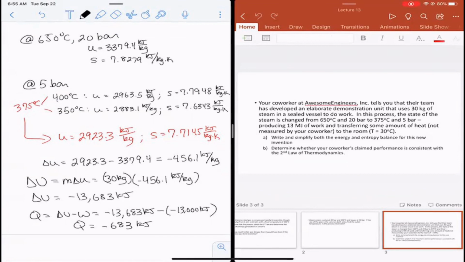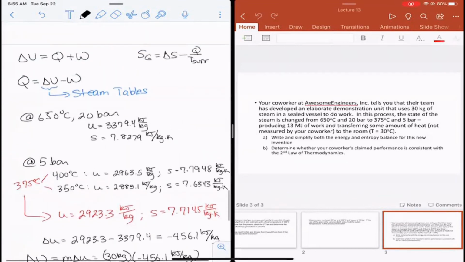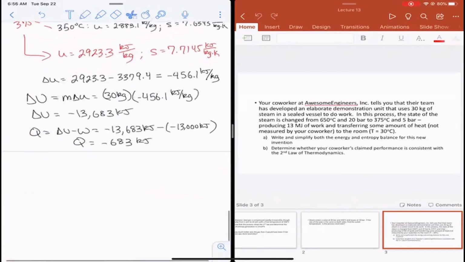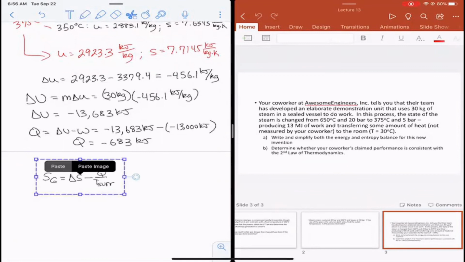And now we have everything that we need to move on to the entropy balance, which was simply that the generated entropy equals the change in the entropy of the system minus Q over T surroundings.